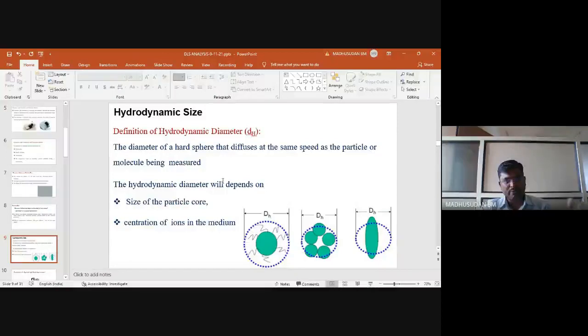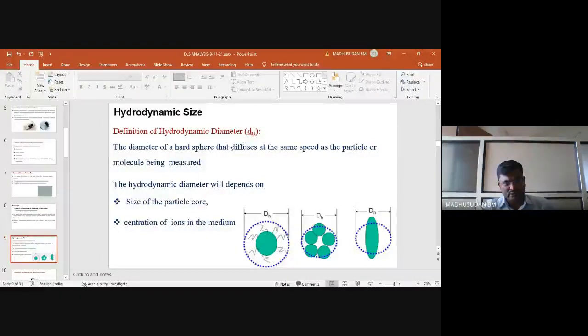But here they consider different factors, like the concentration and ion diffusion, on the diameter of the hydrodynamic sphere. The definition of the hydrodynamic diameter is the diameter of a hard sphere that diffuses at the same speed as the particle or molecule being measured.